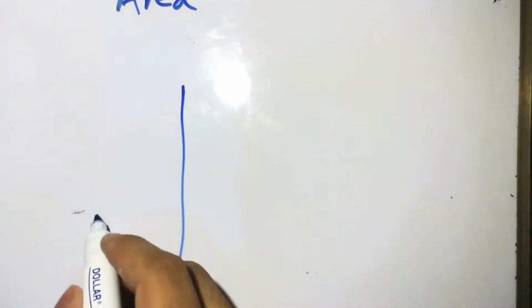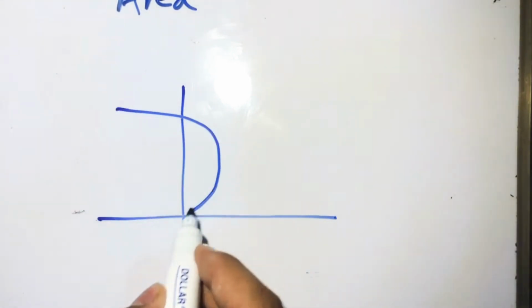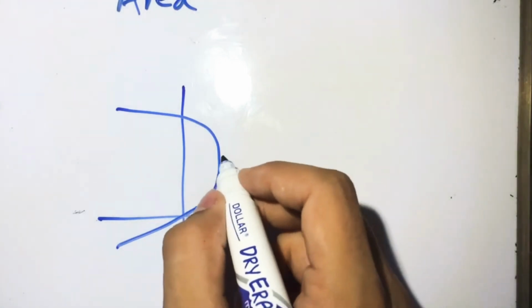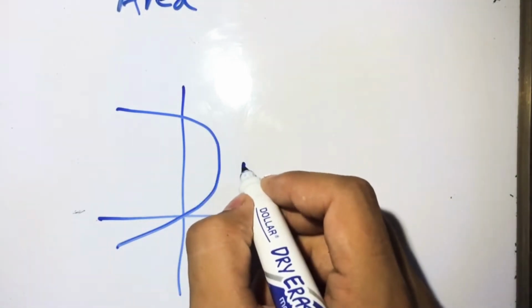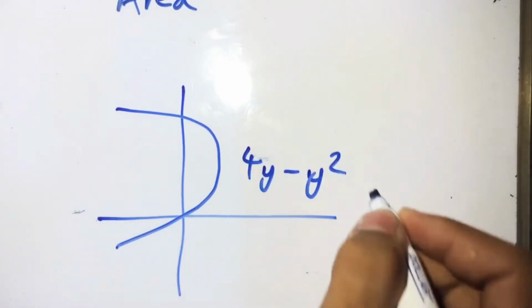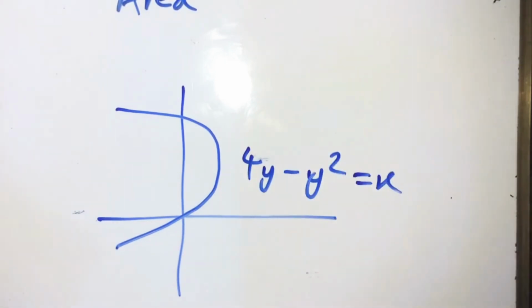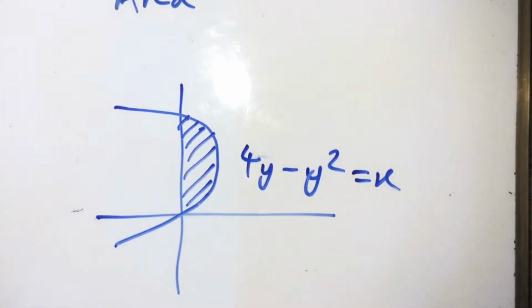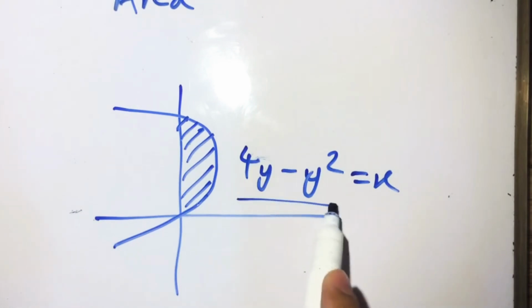Now this was when we had to find the area bounded by the curve and the x-axis. What if we have to find the area bounded by the curve and the y-axis? The equation of this line is this curve would be... so if we have to find this area that is bounded by the curve and y-axis, we need to have the equation of the curve in terms of y.